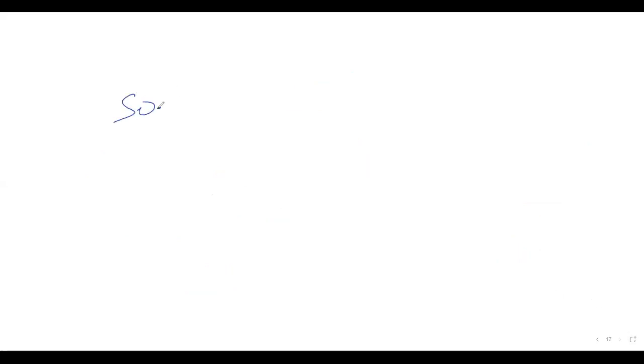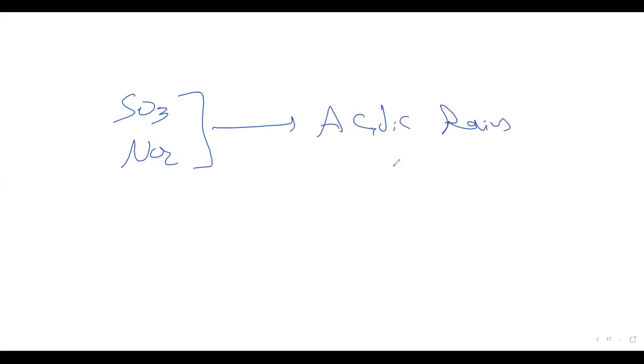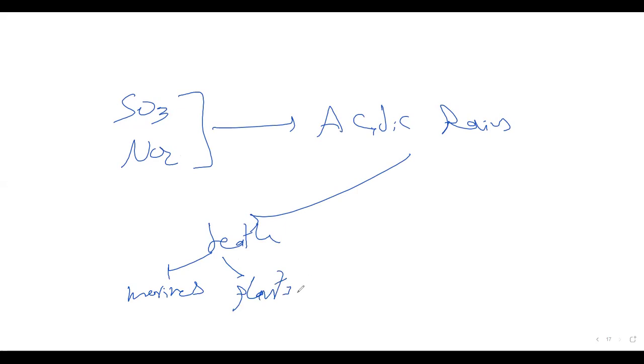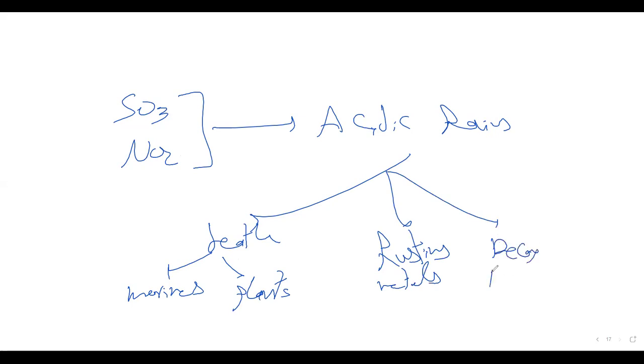Sulfur oxides and nitrogen oxides form acid rain, causing dead marine life, dead plants, rusting metals, decaying buildings, and affecting the respiratory system.